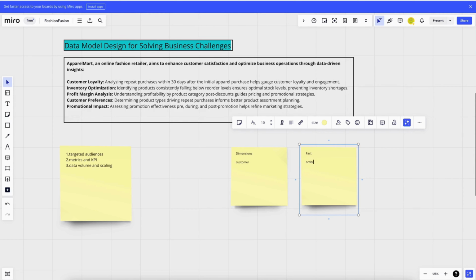And again, for the order table itself, since this one has other kinds of dimensions like promotions, and they also want to understand in much more detail if any discount is applied, I would like to keep the order table at a very high level. It will probably contain order ID, customer ID, order date, and total amount.